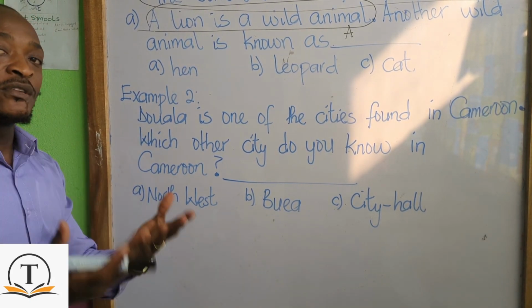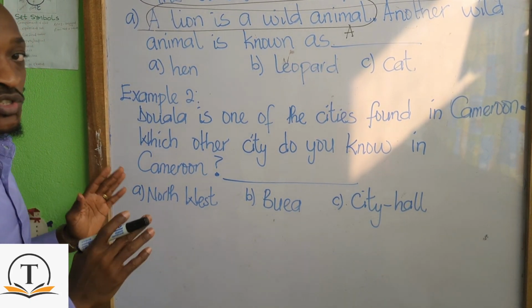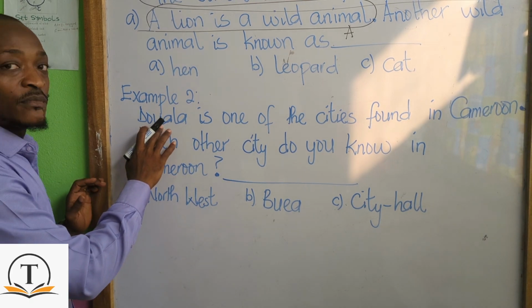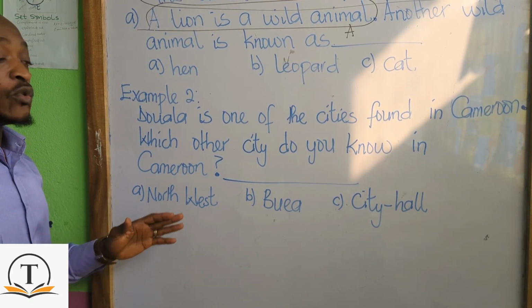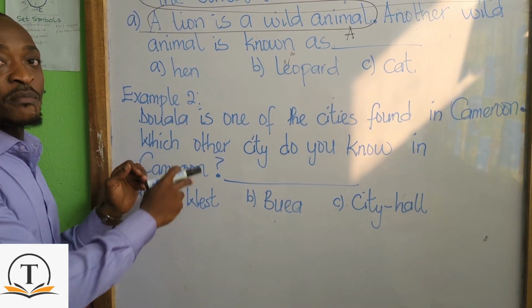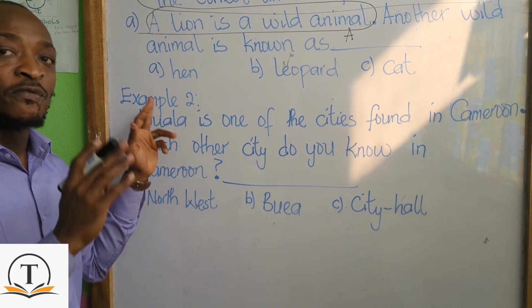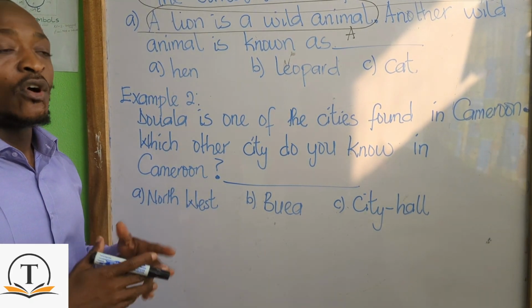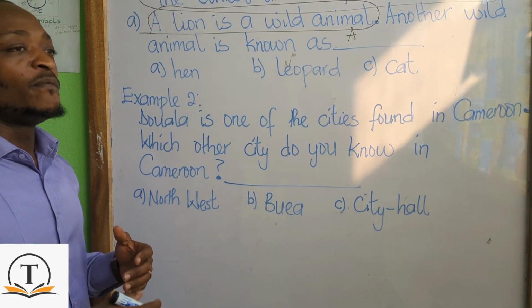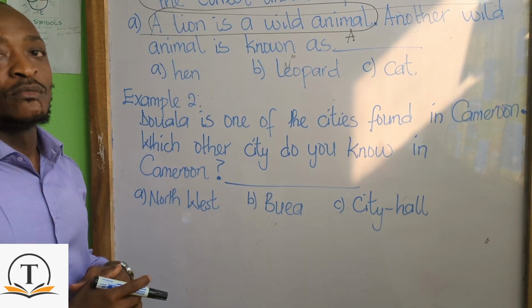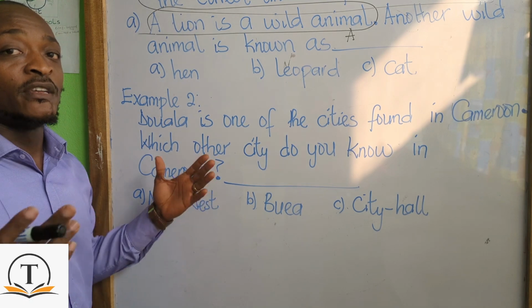So I've helped the learner already by telling him or her that Douala is one of those cities. When you make mention of one city, it's obviously going to help them find the other cities. Unlike if you say, name one city in Cameroon, some of them might not be able to find the answer.